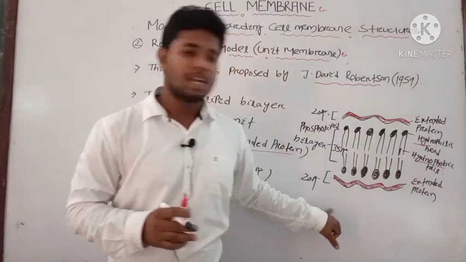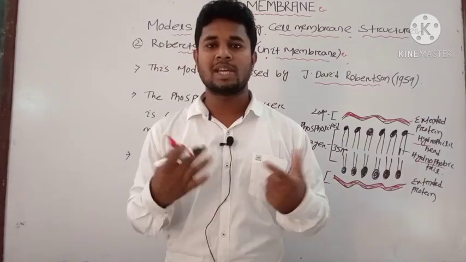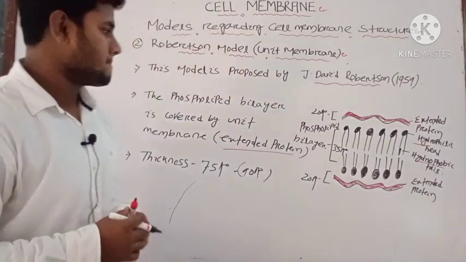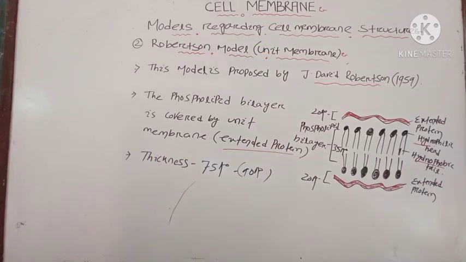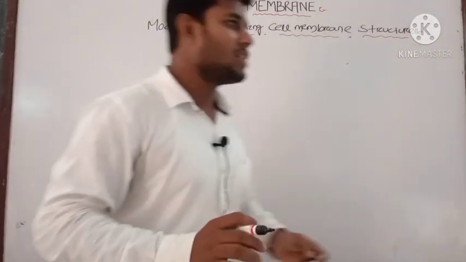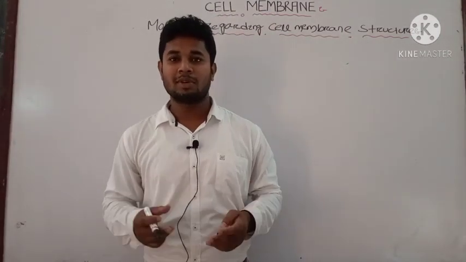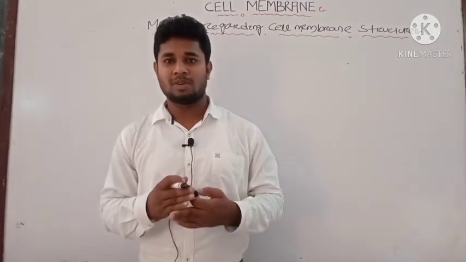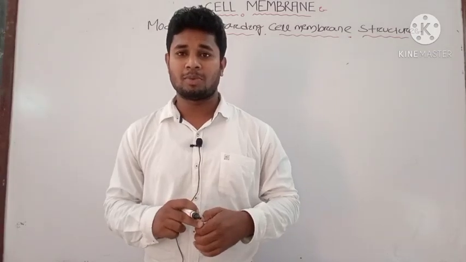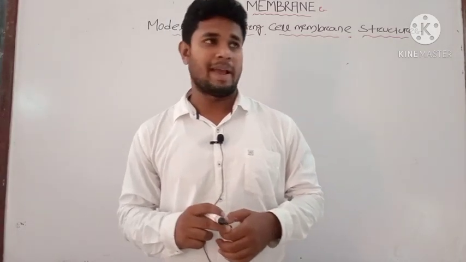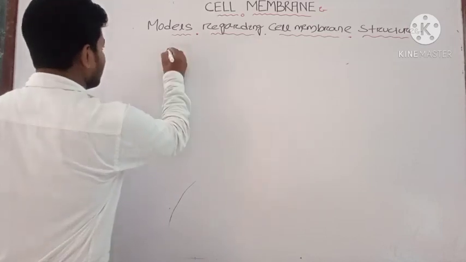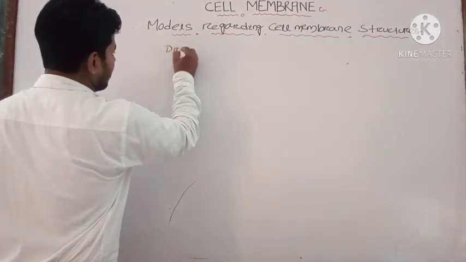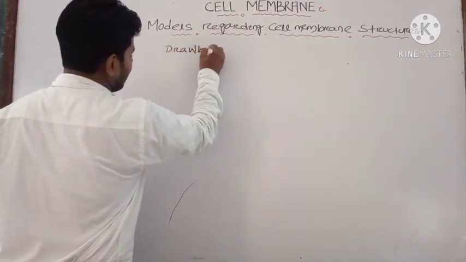Then we will discuss about the third model, that is your fluid mosaic model. One point to be noticed is why the fluid mosaic model came into existence: because the two models, the sandwich model and the unit membrane model proposed by Robertson, have some drawbacks. What are the drawbacks of the unit membrane model?